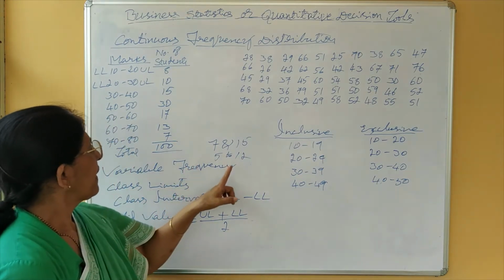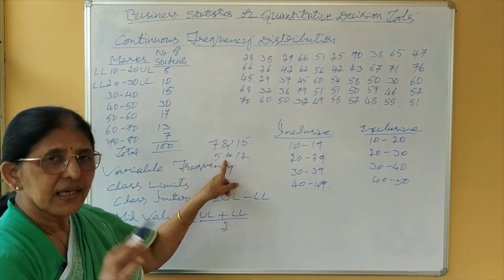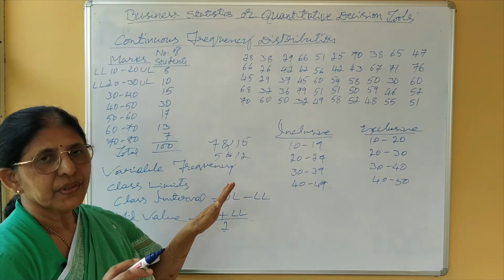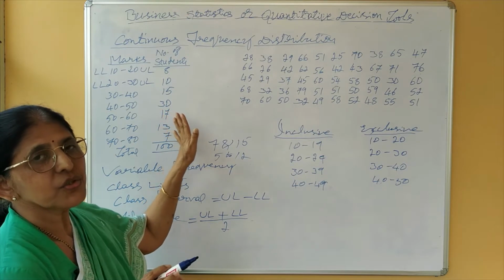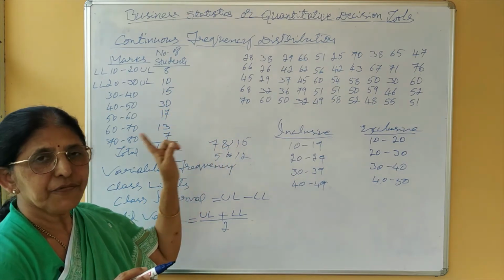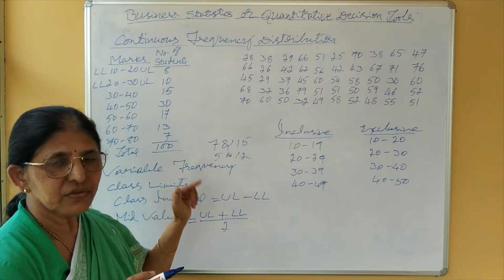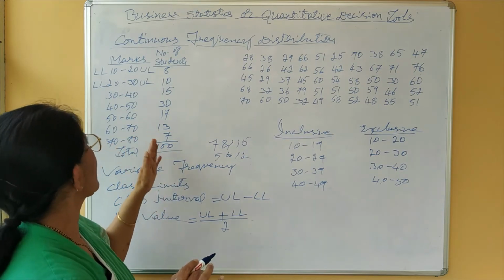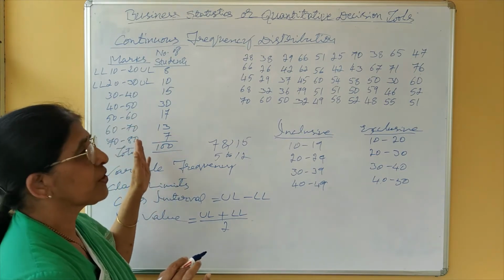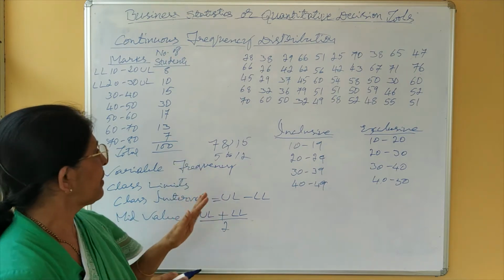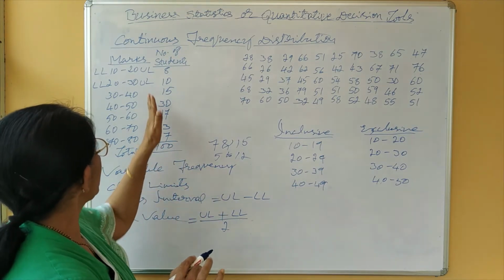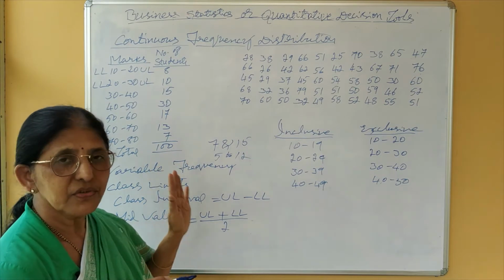Next, as far as possible, no frequency should be 0. If any frequency is 0, then we have to reclassify or regroup by changing the class interval, so that no frequency is 0.